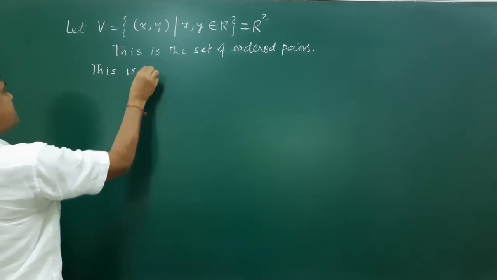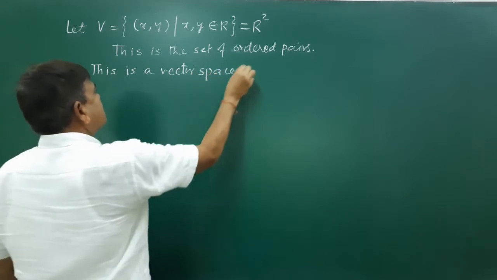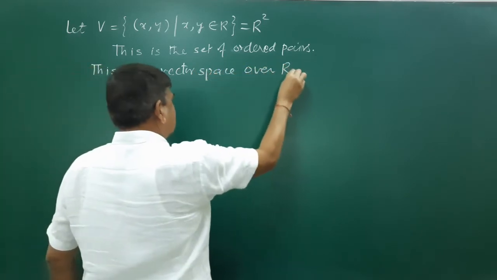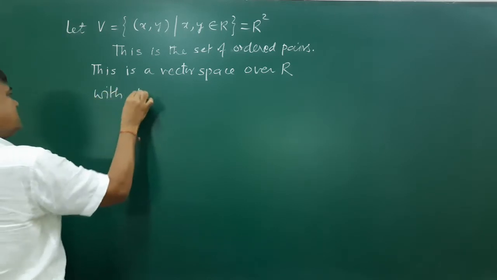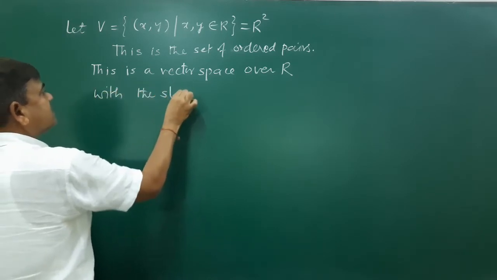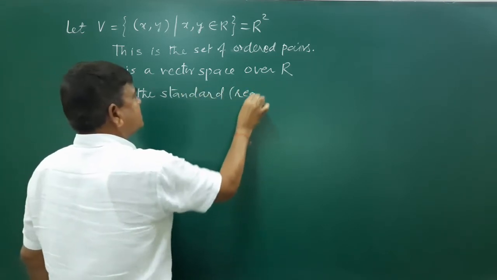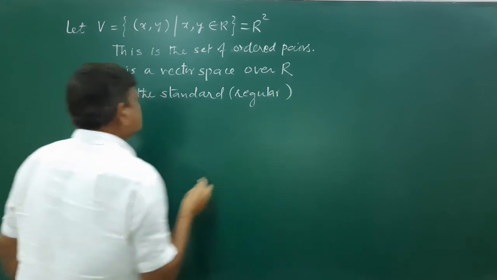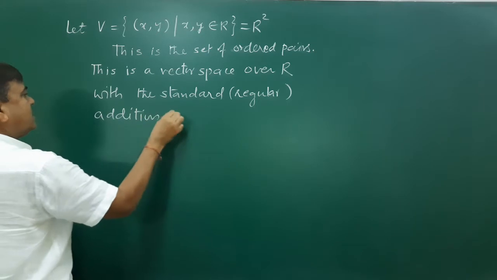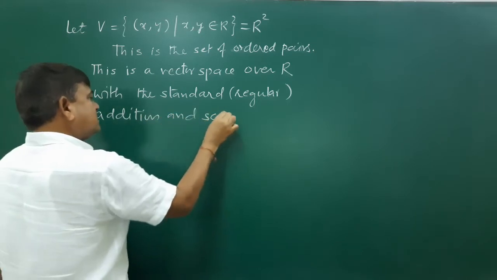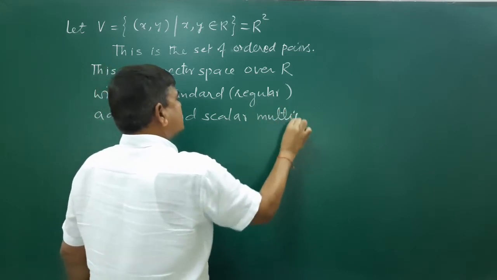This is a vector space over R with the standard, or I say regular, addition and scalar multiplication.